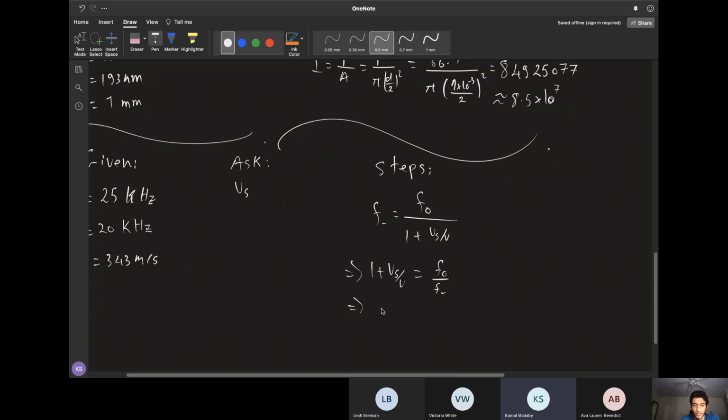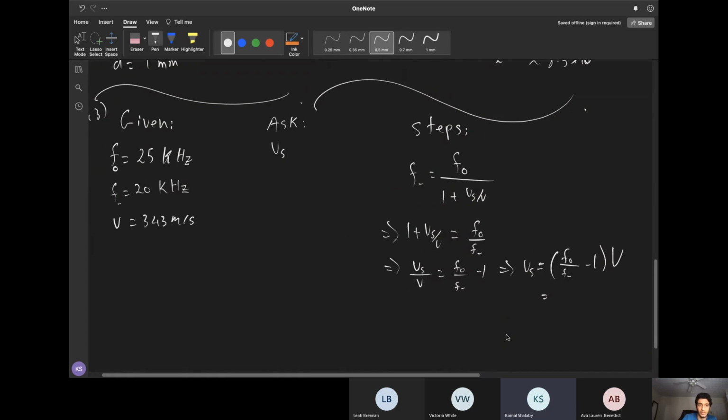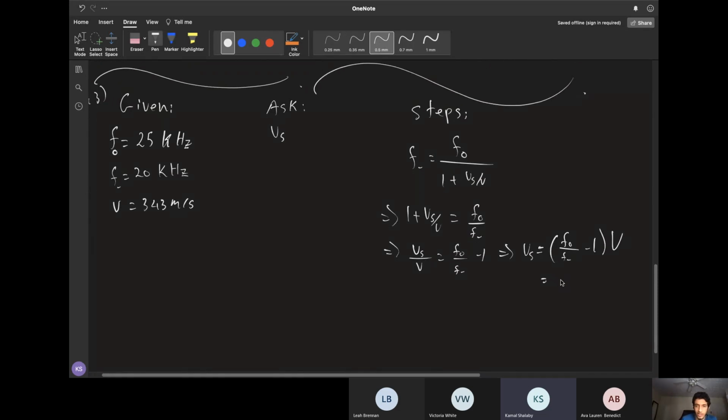That would also mean Vs over V is equal to f naught over f minus, minus 1. And finally, Vs is equal to f naught over f minus, minus 1, multiplied by V. So that will be 25 over 20, which is 5 over 4, minus 1, multiplied by 343.